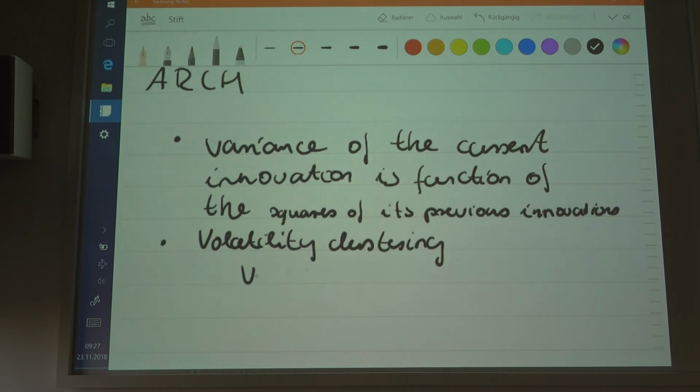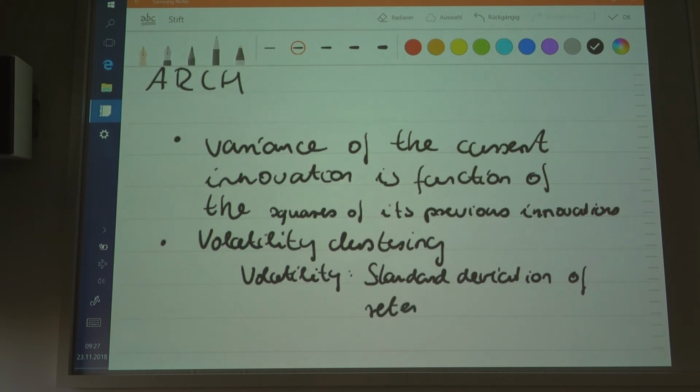Volatility is the standard deviation of the returns of the asset. You know what returns are, right? The relative growth, so the relative price changes.